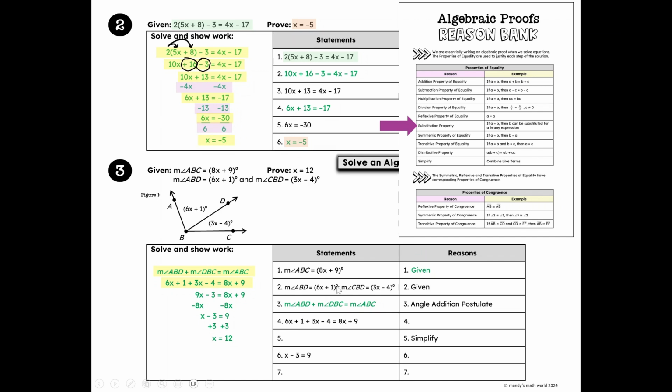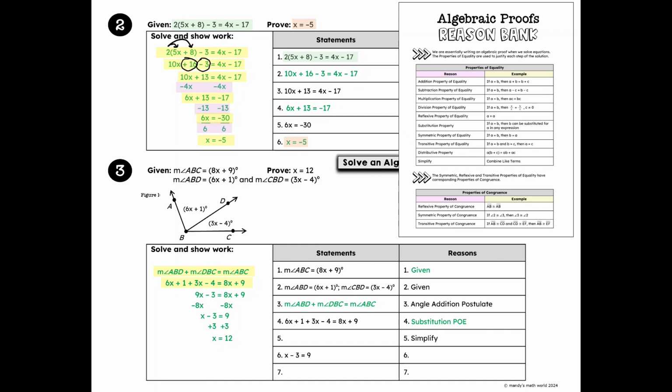I've already defined it right here, so I'm going to replace it right there. I've already shown that CBD, which is also DBC, same angle, is 3x minus 4. I've written that there. And ABC is 8x plus 9. I've already shown that there, so I can replace it right here. So we use the substitution property.